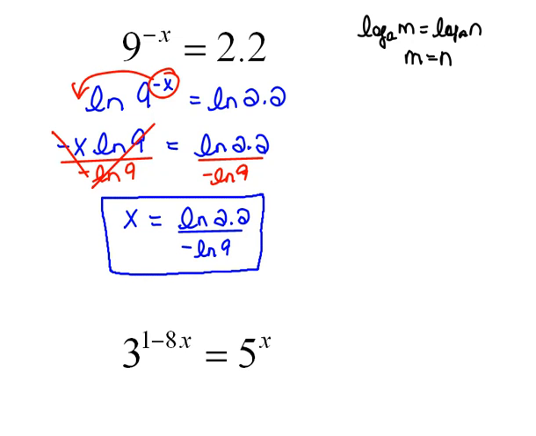Now, if we were to plug this in on our calculator, then we would get a decimal approximation answer. You should watch your parentheses when entering this into the calculator. It will automatically put in a parenthesis after the natural log, so you have to balance that out at the end of the argument.